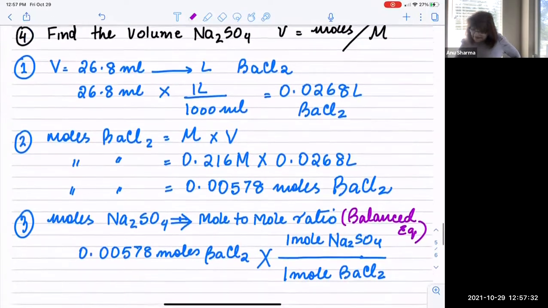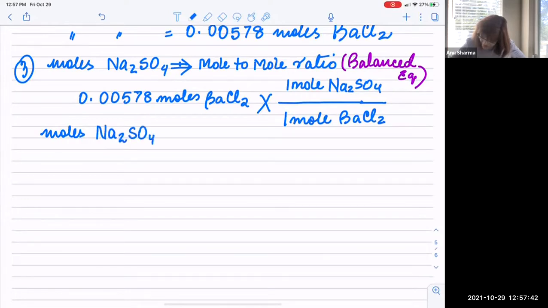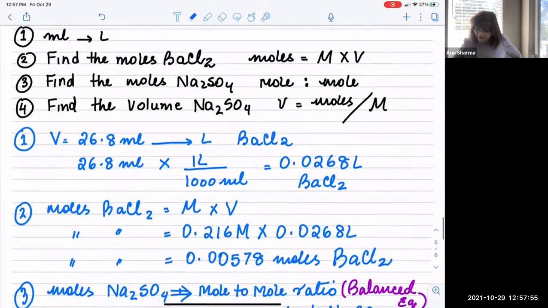So next, the moles of Na2SO4 is 0.00578 moles. All right. Next, find the volume of Na2SO4.